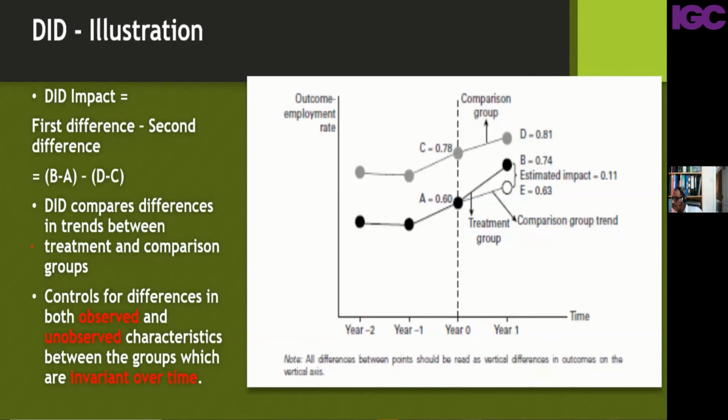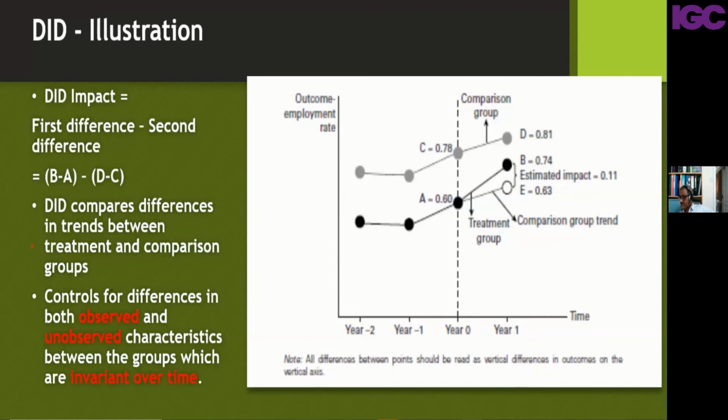So what I was saying was that for the treatment group, the employment rate goes up from A, which is 0.60, to B, which is 0.74. For the comparison group, which already had a higher rate of employment, it goes up from 0.78 to 0.81.